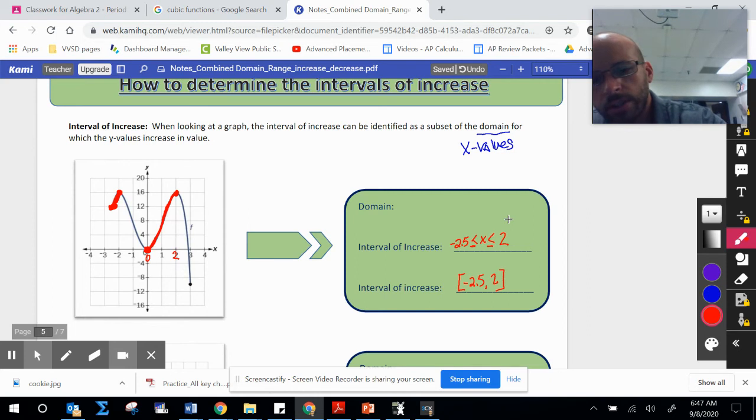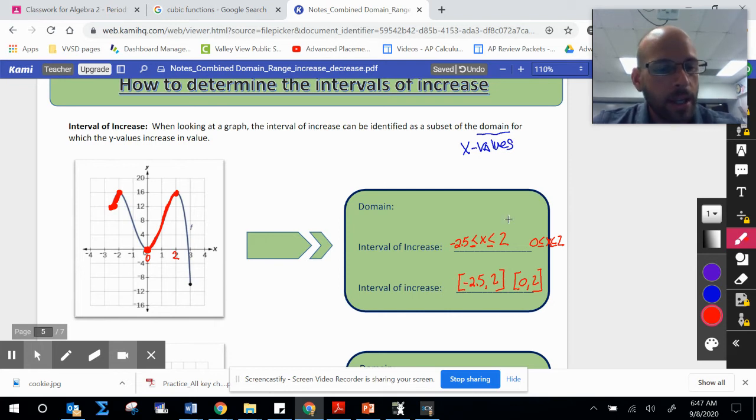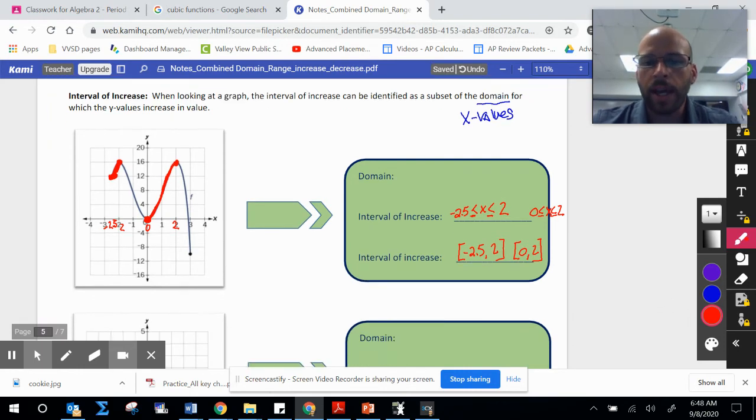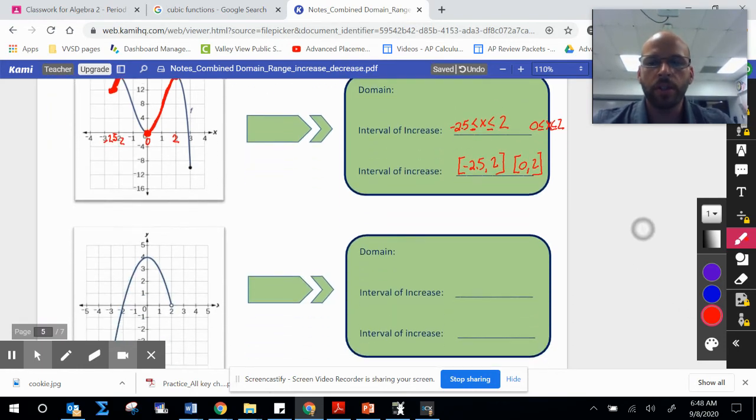So then I can also say from 0 to 2, or another interval from 0 to 2. So there are two places where this graph is increasing. Again, if you notice, I'm using x values, right? From negative 2.5 to 2. From 0 to 2, we're using the x values to determine the interval of increase.